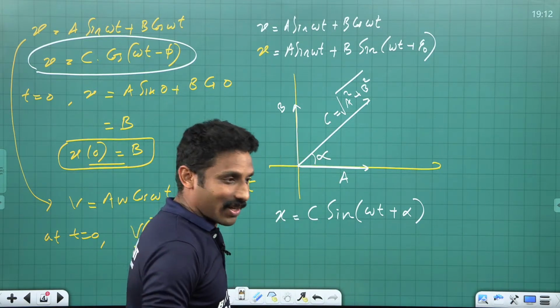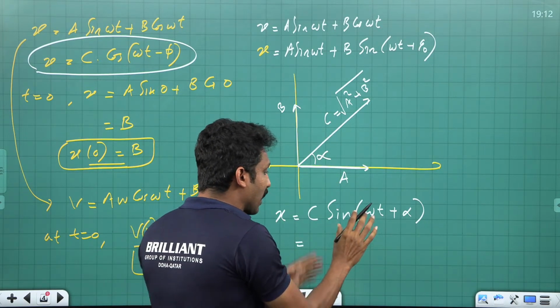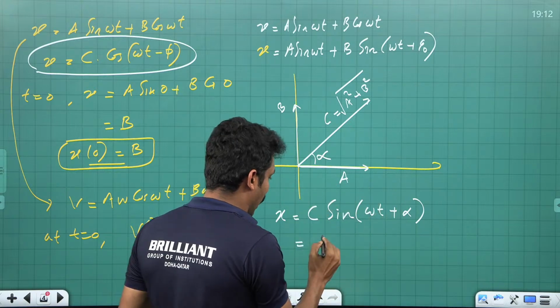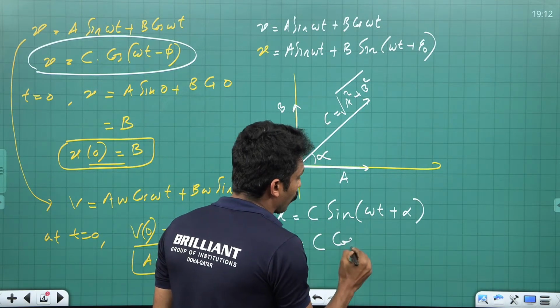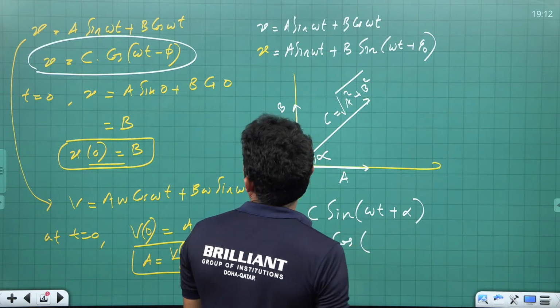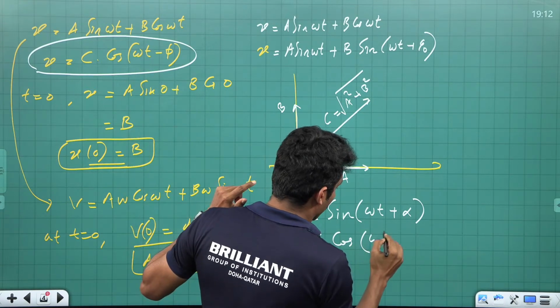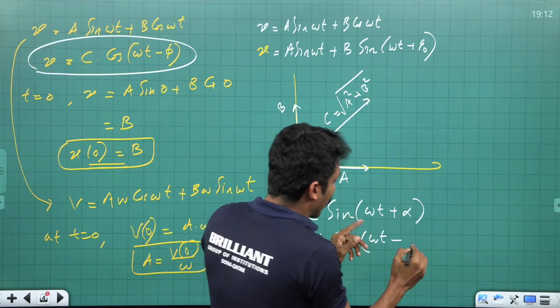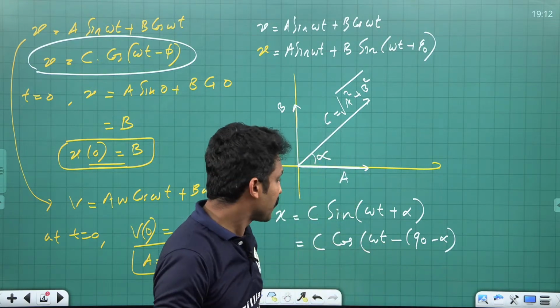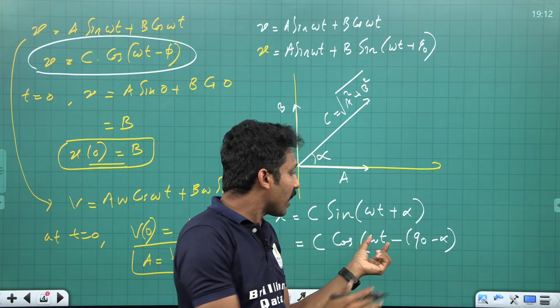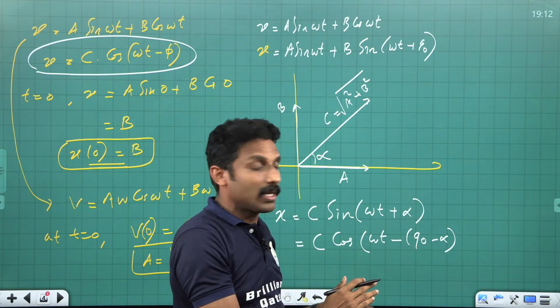Now we can convert this into cosine function, because the given form is in cosine. C into cos of omega t minus, I can write this as 90 minus alpha. Look into it, actually this is omega t plus alpha minus 90.